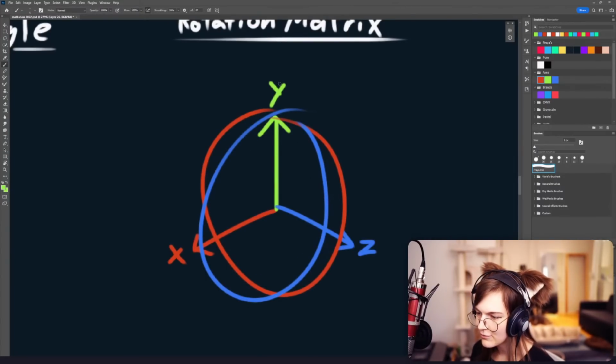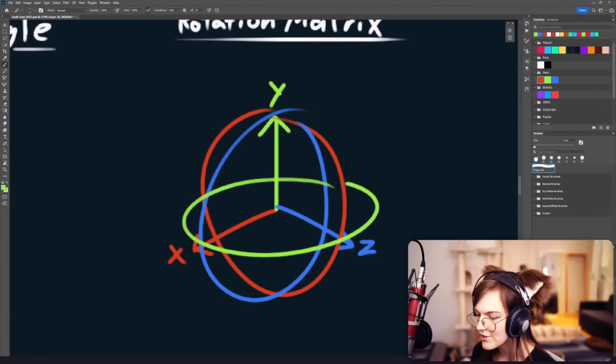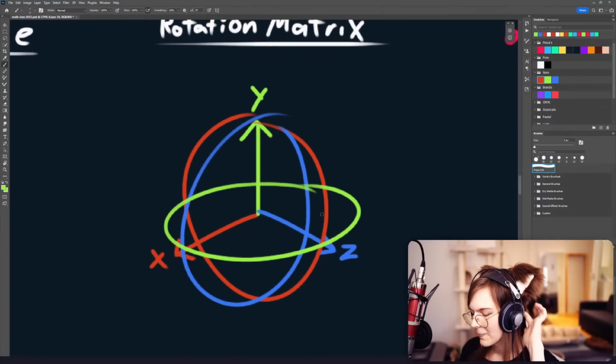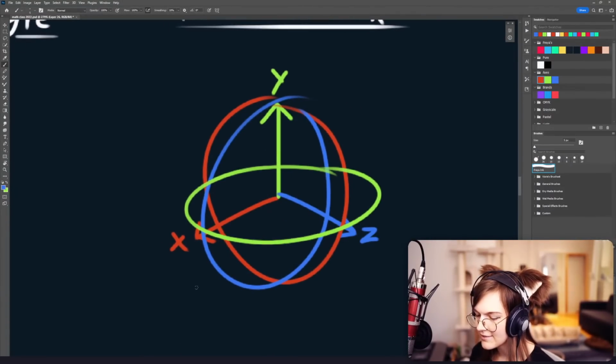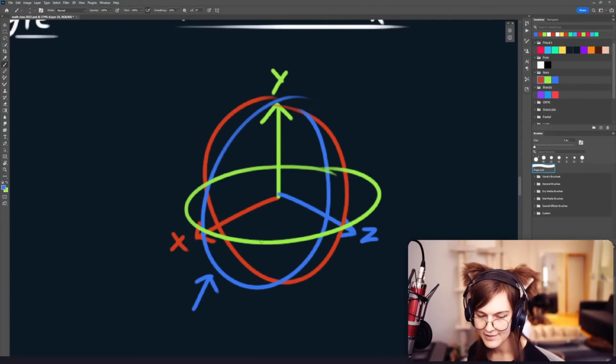And finally, the y-axis is a positive rotation in this direction, and so that one is green. This is usually how it's colored, because the green disk rotates around the y-axis, the red disk rotates around the x-axis, and the z disk rotates around the z-axis.